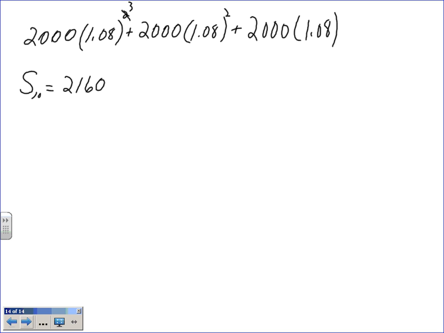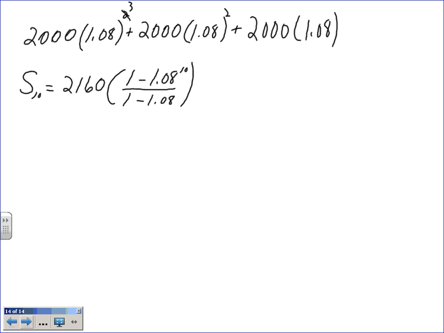That's term number 1. Times 1 minus the ratio, the multiplier, 1.08 raised to the 10th power, divided by 1 minus 1.08. That's our formula. That is a geometric series.